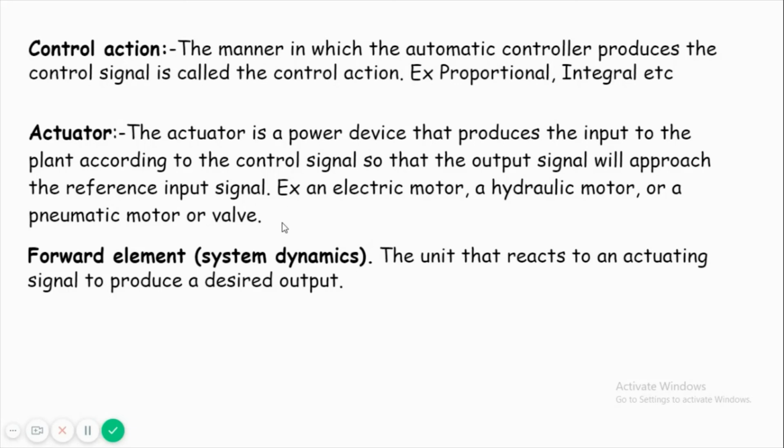So the units that occur between the comparator unit and the output are termed as forward elements or forward dynamics. This is the definition: the unit that reacts to an actuating signal to produce a desired output is known as the forward element.